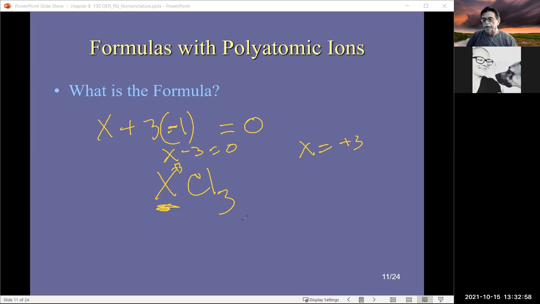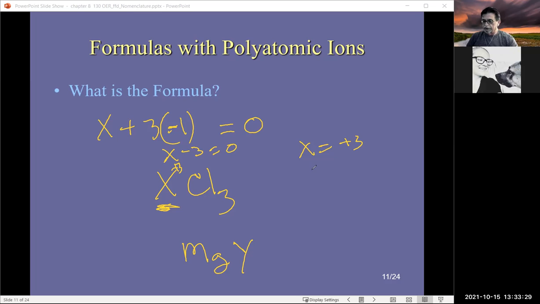You can go the other direction, and this is knowing the charge of the cation, not knowing the charge of the anion. Let's do this scenario. Magnesium Y, okay, hypothetical formula.